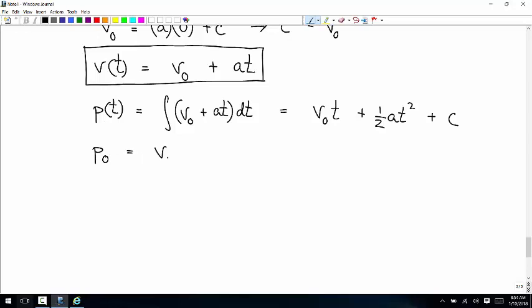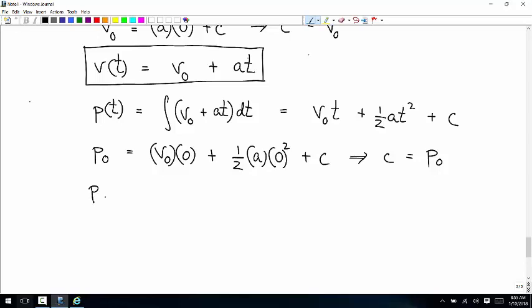So p sub 0 is equal to v sub 0 times 0 plus 1/2 times a times 0 squared plus c. So again, c is equal to p sub 0. And so p as a function of time is equal to p sub 0 plus v sub 0 times time plus 1/2 a t squared.